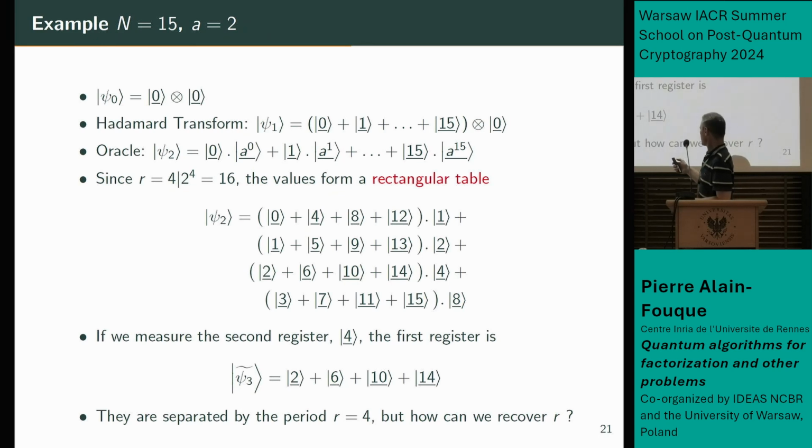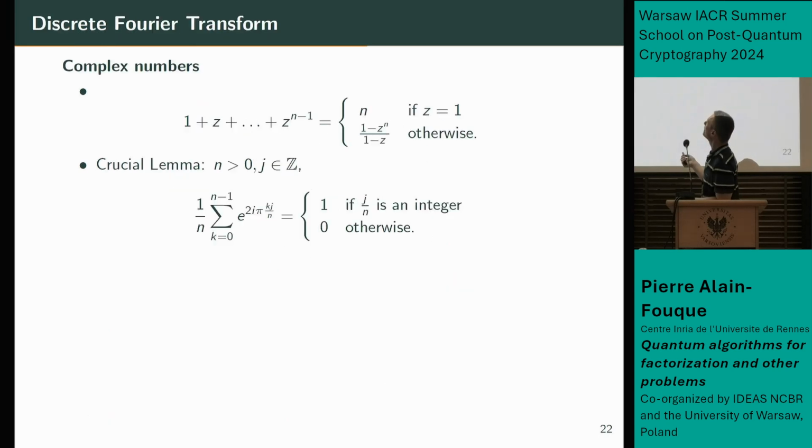So we need to do something different, and the idea is to use the discrete Fourier transform. Let me just recall some basic facts about complex numbers. If you sum all of these values and z is 1, you just add 1 n times, so you get n. If z is not 1, you have a geometric sequence, and it's not difficult to see the sum.